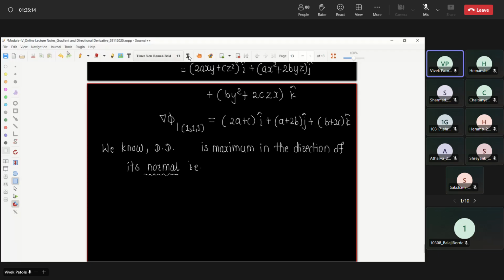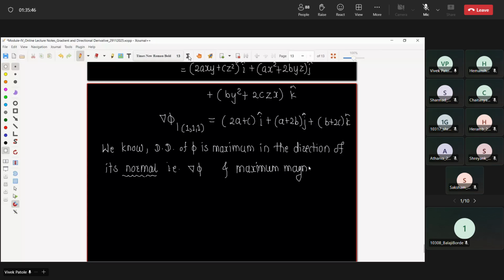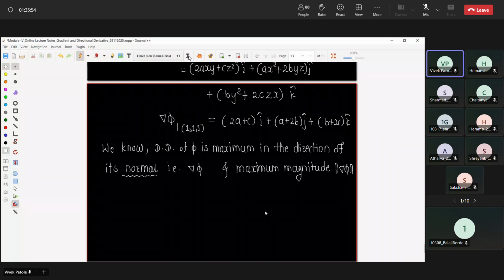The directional derivative of phi is maximum in the direction of its normal. And what is the normal to any given surface phi? It is del phi, right? We know the directional derivative of phi is maximum in the direction of its normal, that is del phi. And the maximum magnitude, 15, is the norm of del phi.